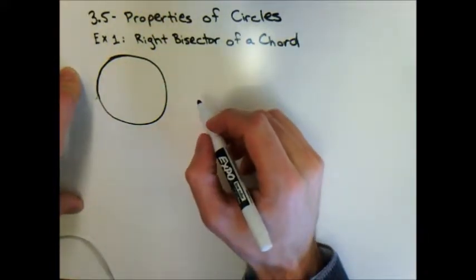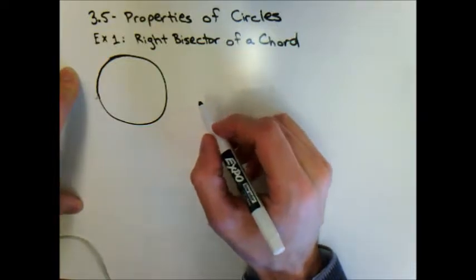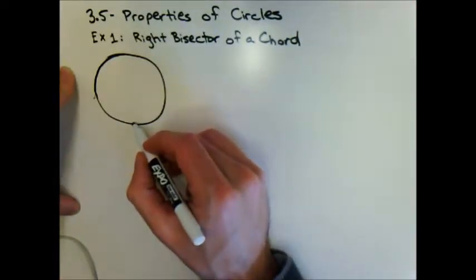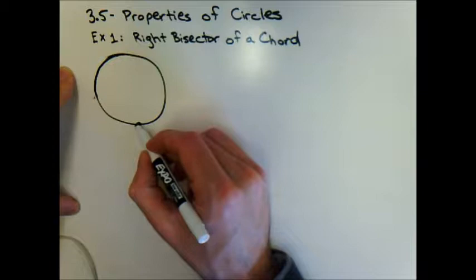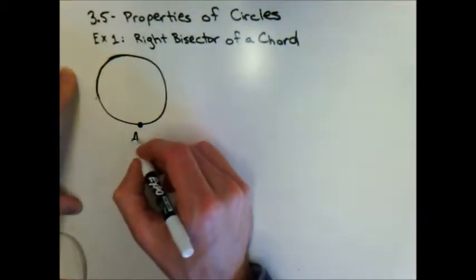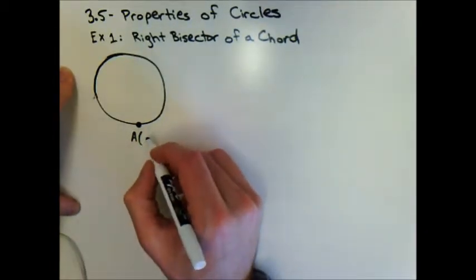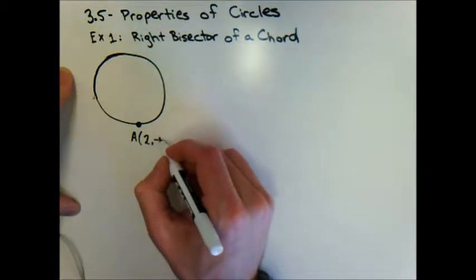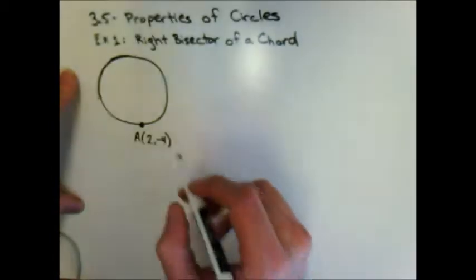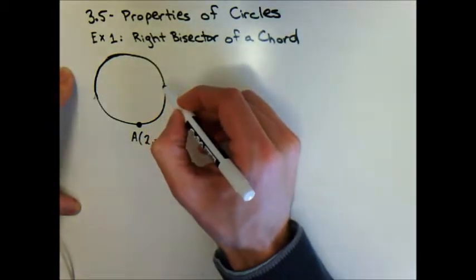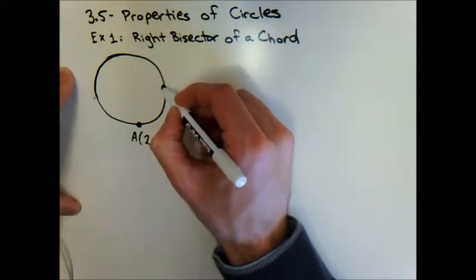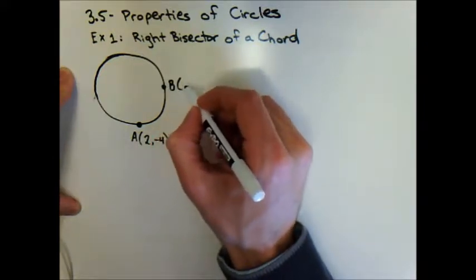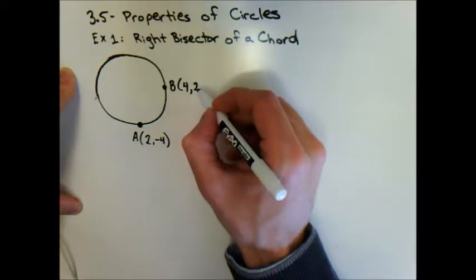And we are given the points A and B on this circle. And again, we're just drawing it as close as we can. A is right here. It is the point 2, -4. And B is here. It is the point 4, 2.